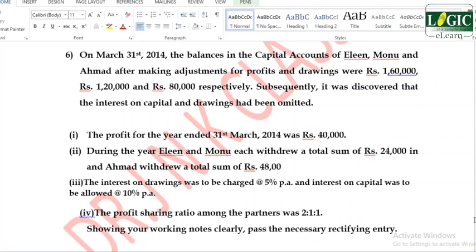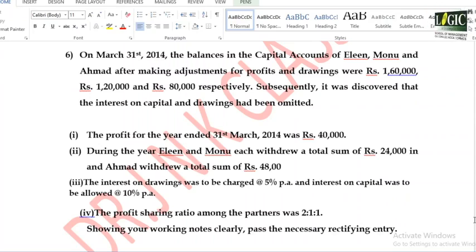Just see, on 31st March 2014, the balances in the capital accounts of Eileen, Monu and Ahmed after making adjustments for profits and drawings were 1,60,000, 1,20,000 and 80,000 respectively. Subsequently, it was discovered that interest on capital and drawings had been omitted.